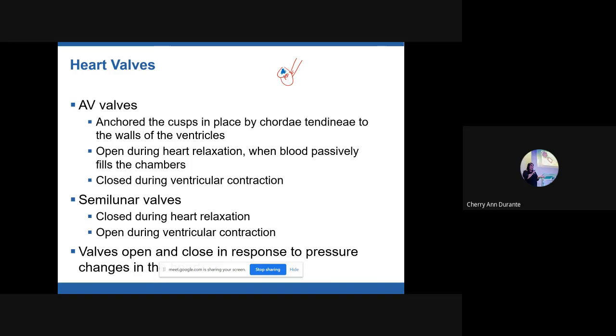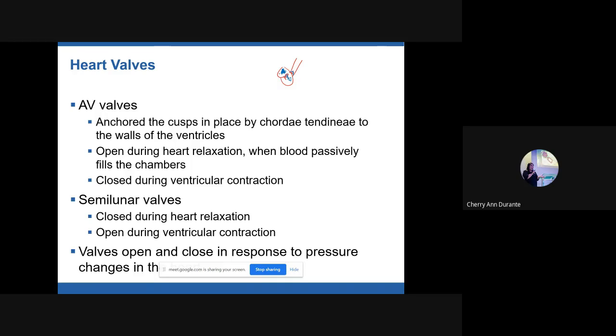This valve should open so the blood can enter here. Which valve is this? This is the tricuspid valve, on the right, because it is unoxygenated. So it is open during relaxation, and the relaxation is your diastole. Then this one should be closed, which is your pulmonary valve.